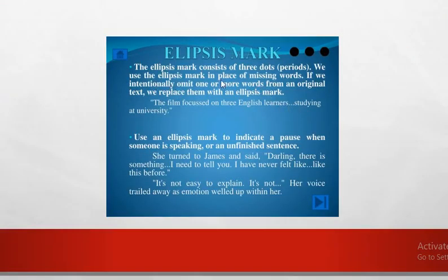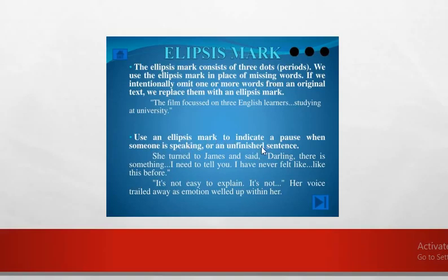The ellipsis mark consists of three dots or periods. We use the ellipsis mark in place of missing words. If we intentionally omit one or more words from an original text, we replace them with an ellipsis mark. The film focused on three English learners... studying at university.